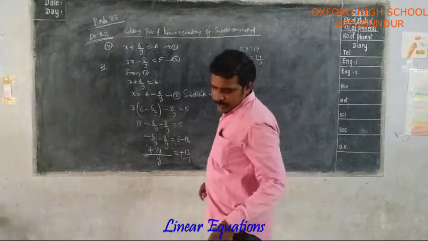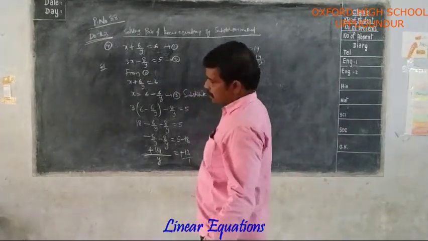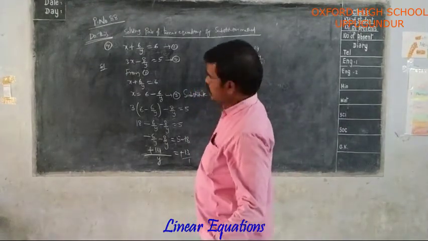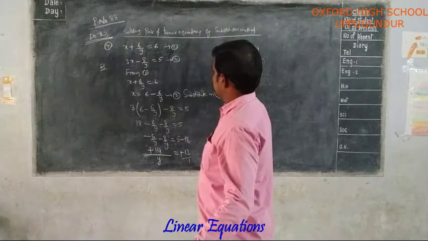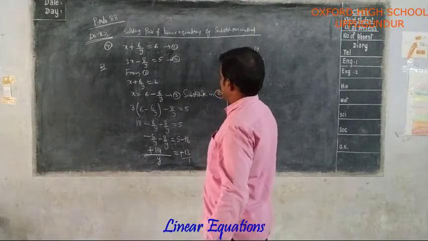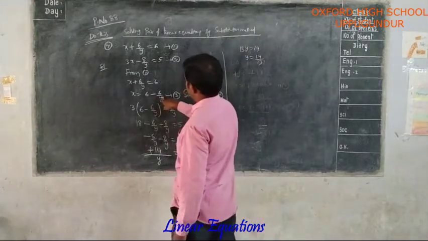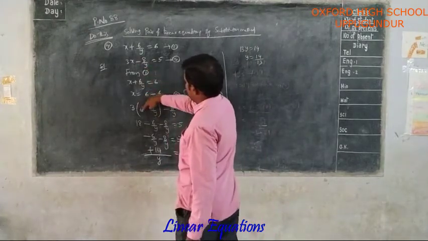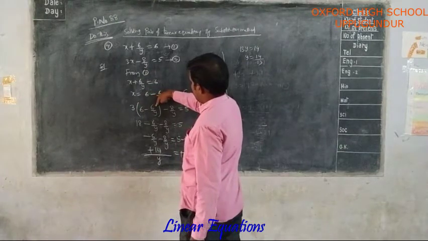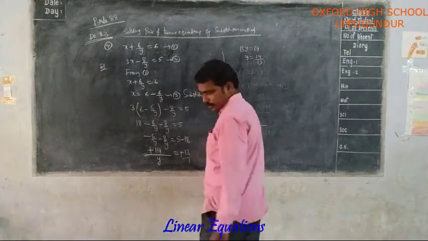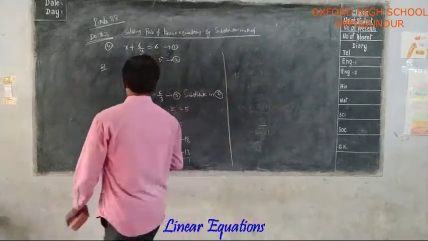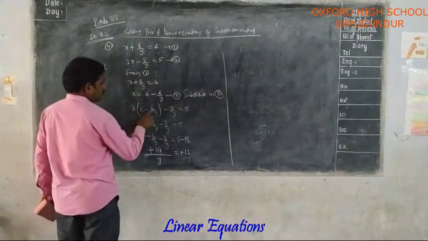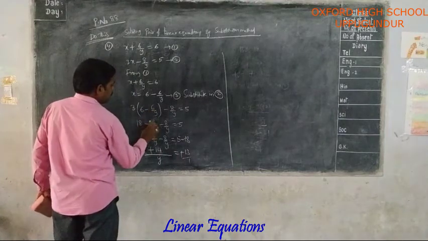So first equation is x plus 6 by y equal to 6. 3x minus 8 by y equal to 5. x equal to 6 minus 6 by y. Substituting here, sorry, we have to multiply here. 3 into 6, 18, 3 into 6, 18.